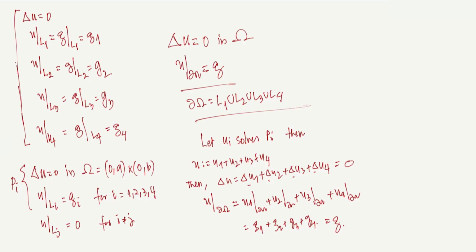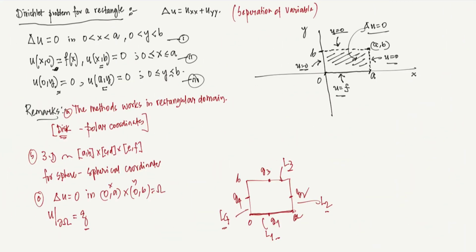Essentially what we are doing is breaking the problem up into 4 parts, and since this is linear, we can solve the whole equation like this. Is this okay? Right. So now with that in mind, let's solve this problem. If we can solve this problem, maybe for the second problem you can replace f with 0 and f here, f of x. That will be P1.